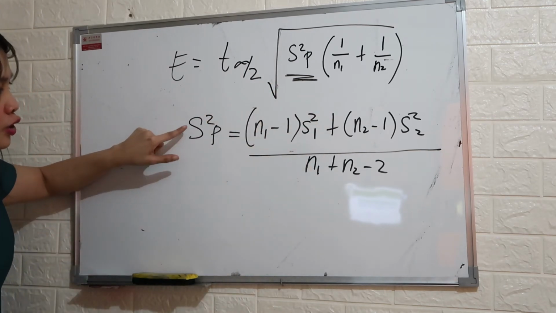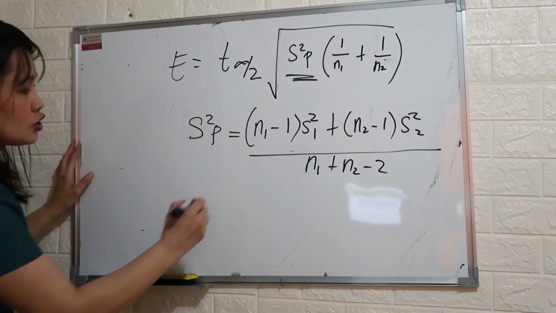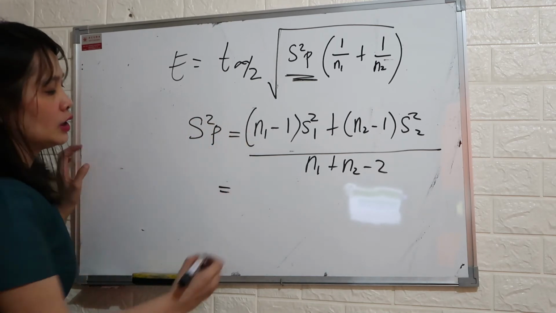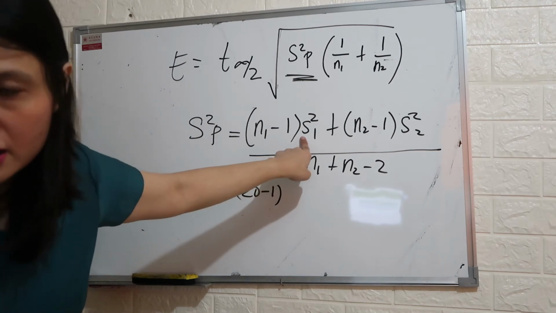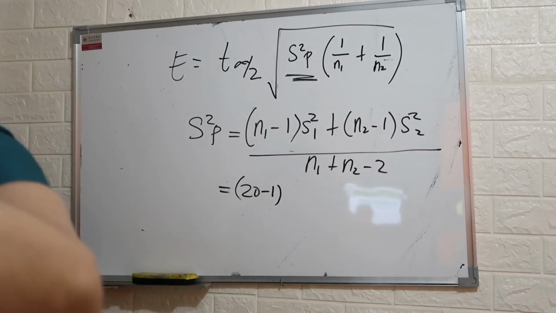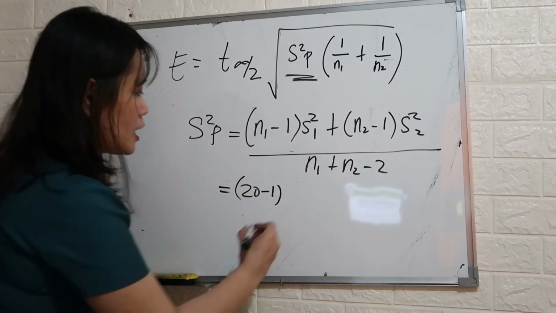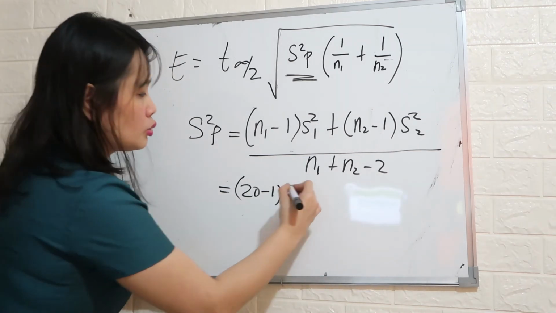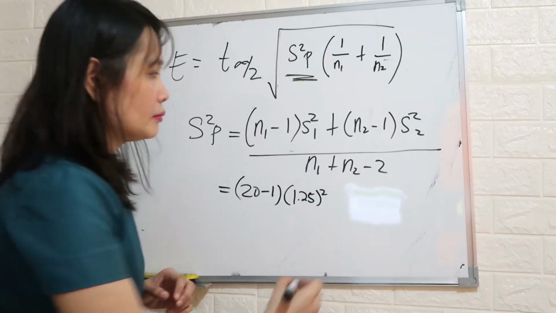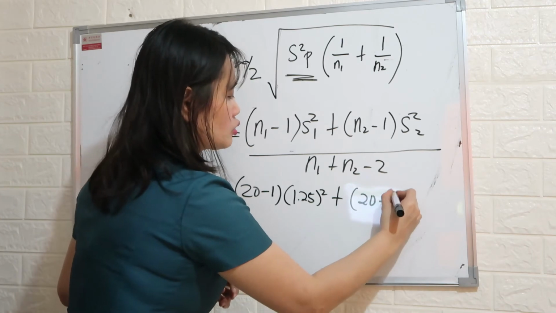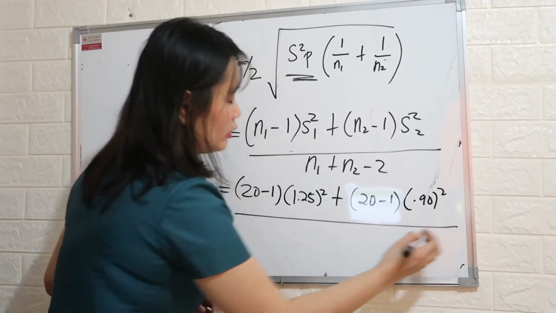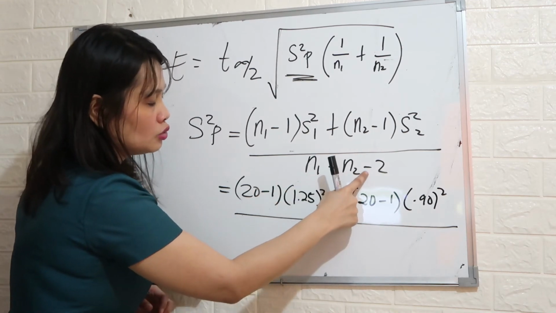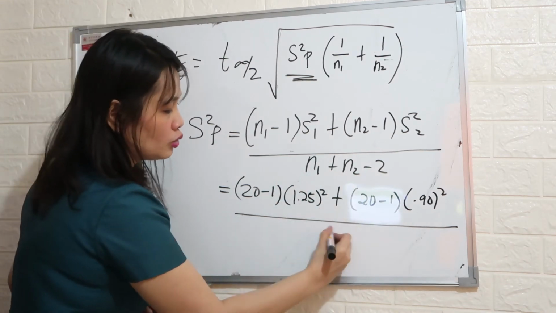First, solve for S squared P. That will become 20 minus 1. What is your variance? Since the given is standard deviation, that will become 1.25 squared plus 20 minus 1 multiplied by 0.90 squared over n sub 1 plus n sub 2 minus 2, 20 plus 20 minus 2, so you do have 38.